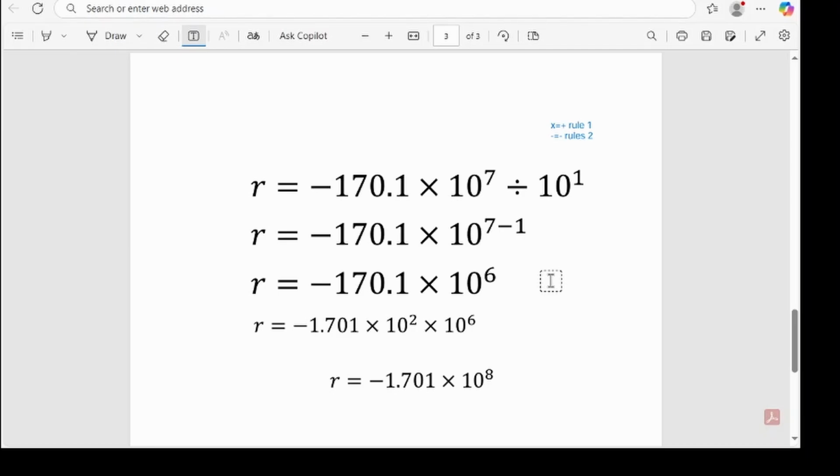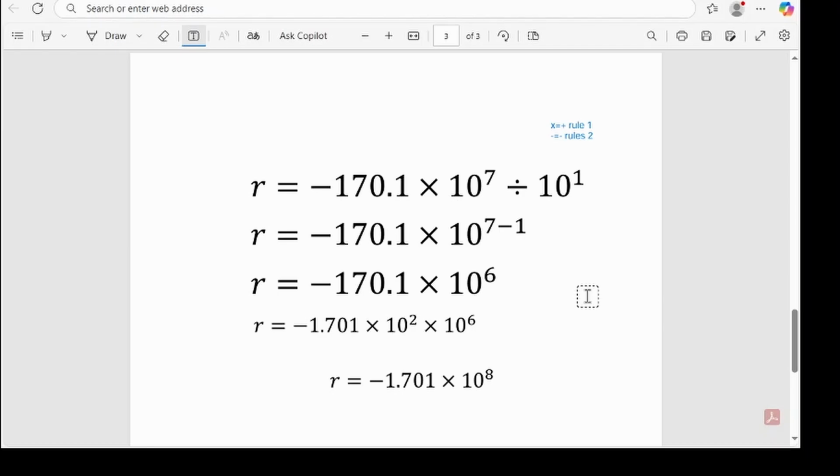R then becomes negative 170.1 multiplying 10 exponent 6, because 10 exponent 7 subtracted from 10 exponent 1 gives you 10 exponent 6. And there's another rule here that you have to keep in mind, and we would apply that rule very soon.